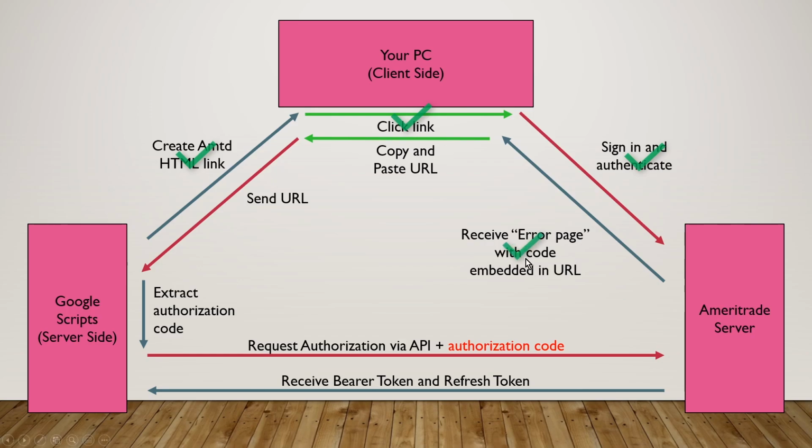You receive the error page, copy that URL, paste it into the site pane, and that URL is sent back to the script. The script extracts the authorization code, which is then used to access the authorization API on the Ameritrade server, and we managed to receive the bearer token and refresh token. Okay, great. So on to the next step.